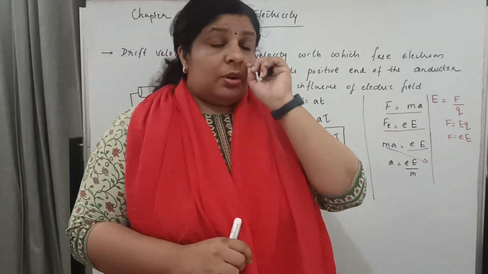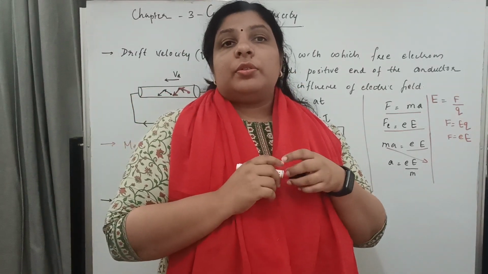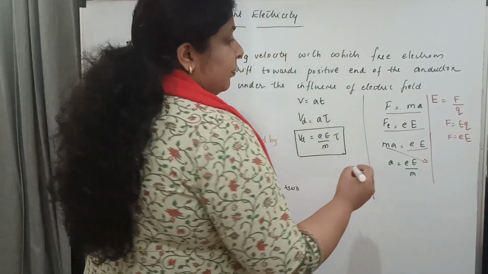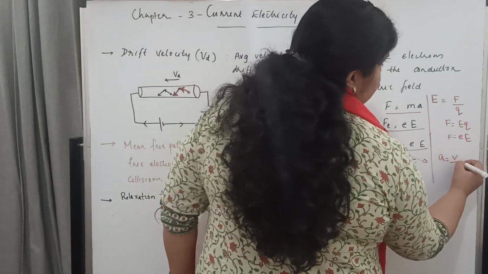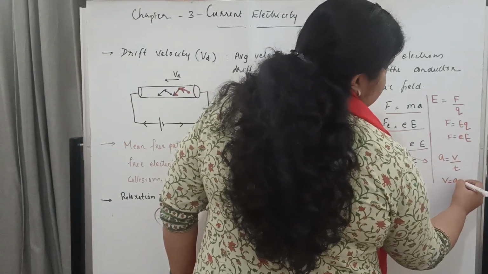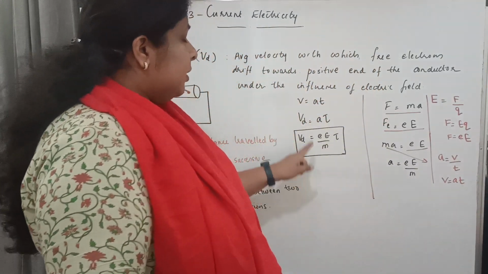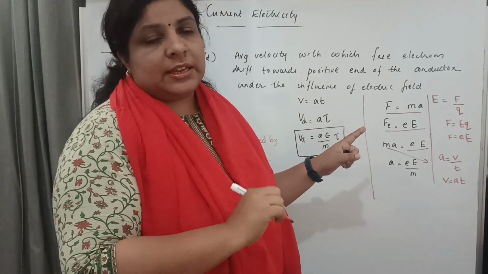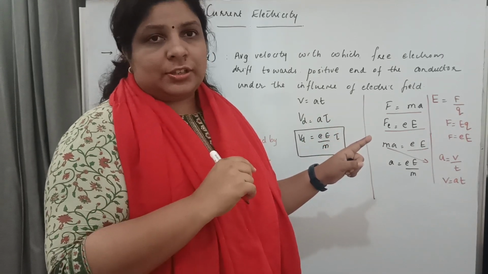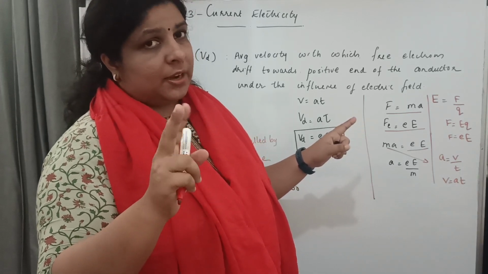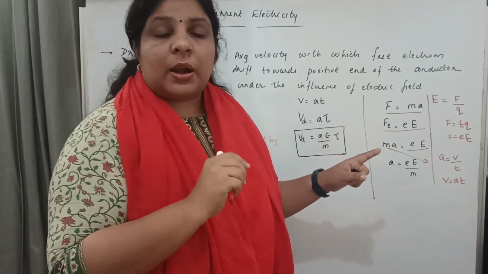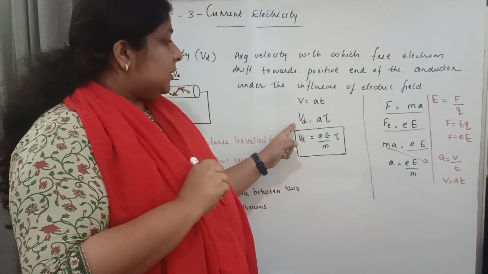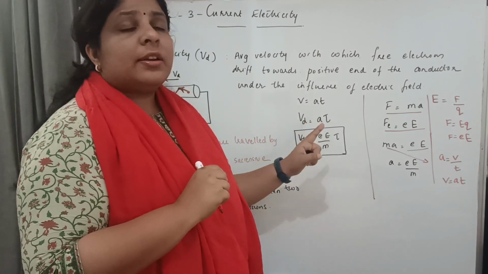Now we also know acceleration is velocity by time, or velocity is equal to acceleration into time. Here the velocity is the drift velocity, and the time is the relaxation time, the time between two successive collisions. So drift velocity is equal to acceleration into relaxation time.